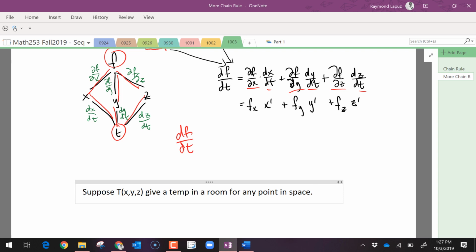And then let's say a bee, a fly, is flying around on the path x of t, y of t, z of t. So there's a bee flying around.